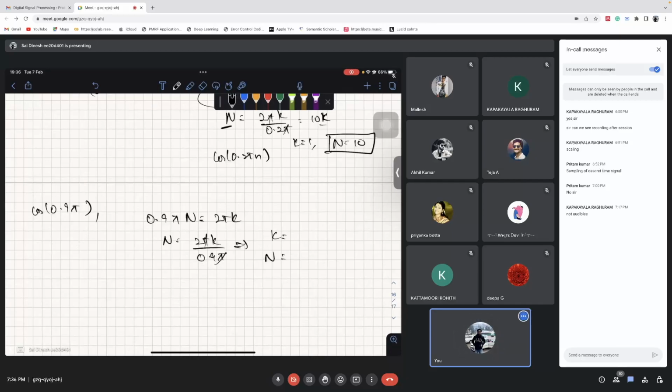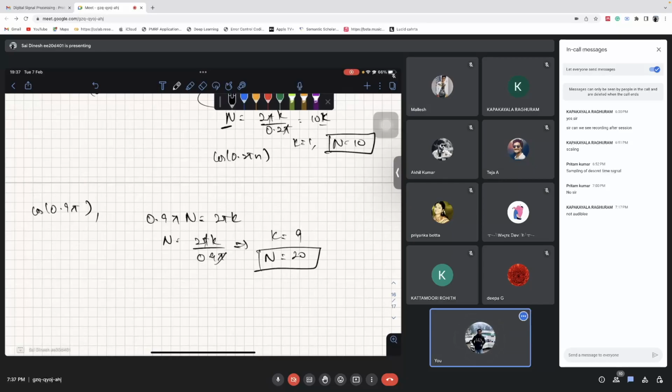Anyone? Alright, if we take k equal to 9, then 2 into 9 is 18, and in that case N equals 20. So N equals 20 is the period of this signal.